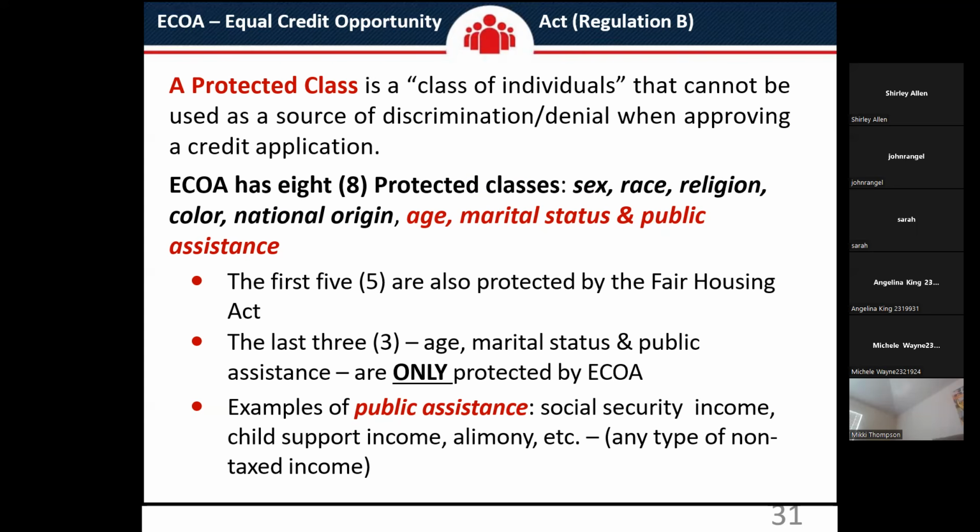What is public assistance? Examples are people getting Social Security income, child support income, alimony, etc. Any type of non-tax income for the purpose of this course is considered to be public assistance. If you're getting your pension from somewhere you used to work, you're on public assistance, things of that nature.